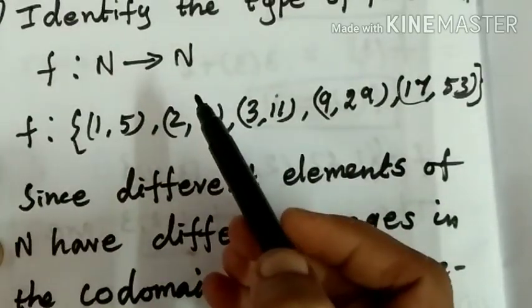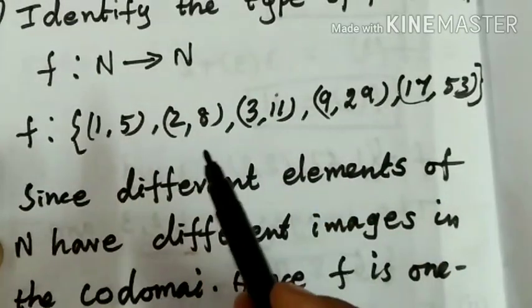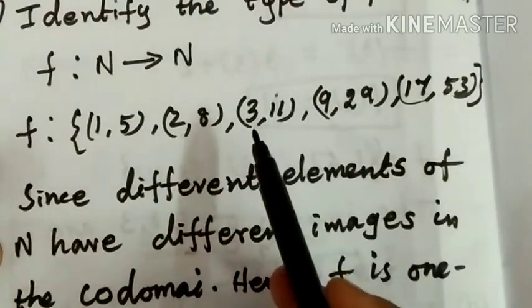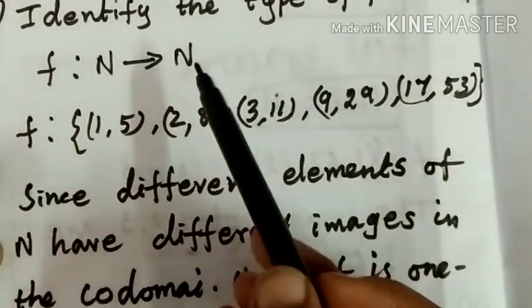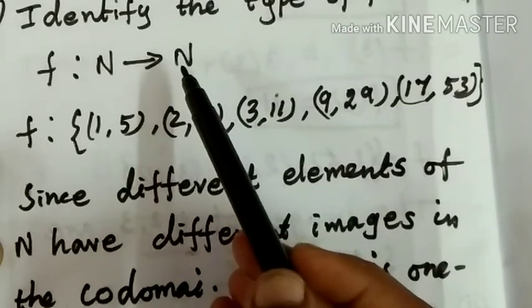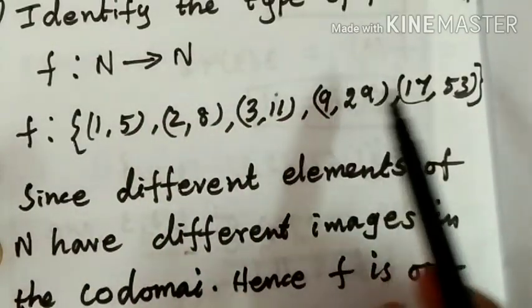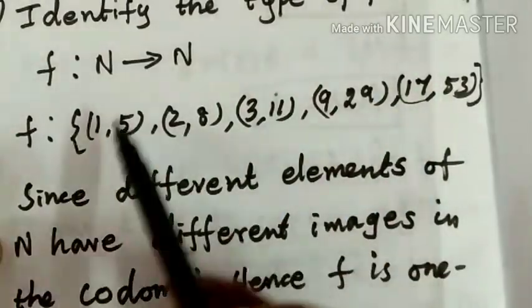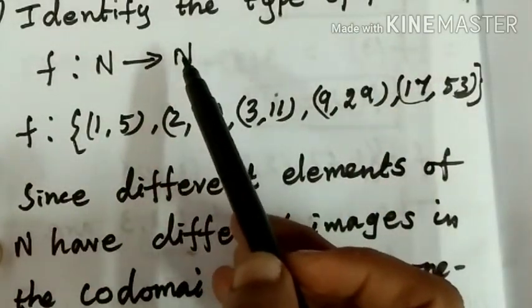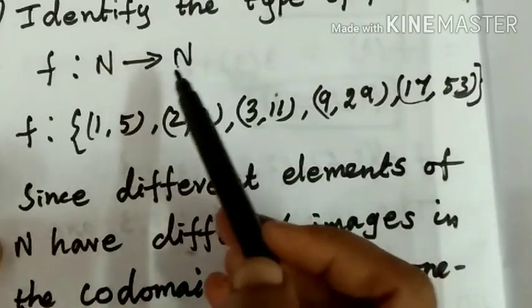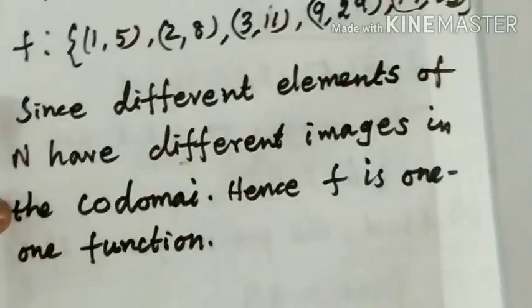What is the definition of into functions? Images are a subset of codomain. See here, codomain is natural number. Then images 5, 8, 11, 29, 53 are part of codomain. Therefore, it is into function.